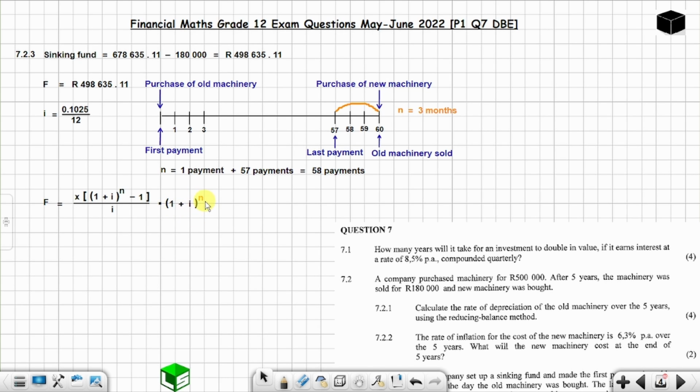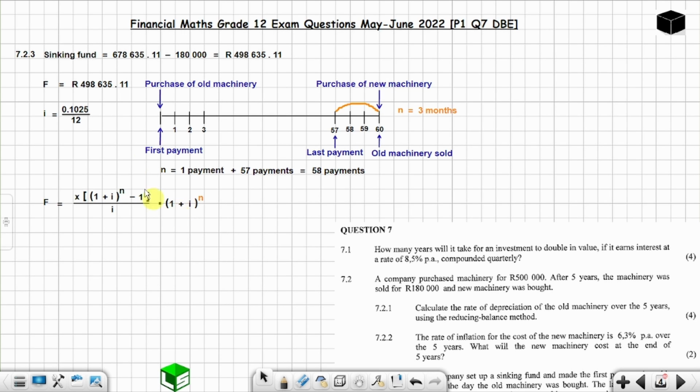Okay, this N is equal to 3 months, and this n is equal to 58. Okay, I hope you understand why we are multiplying by this, because the money is left to grow for 3 months. Okay, you have to multiply by this. This is from the compound interest formula. Okay, now let's carry on.